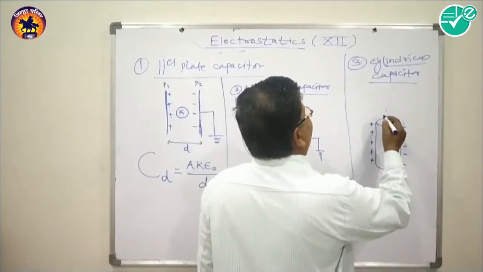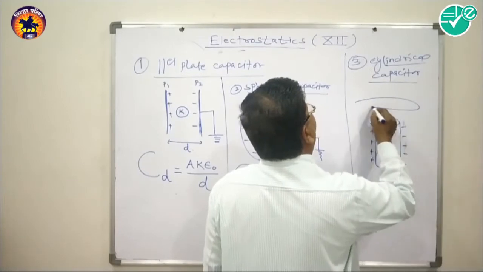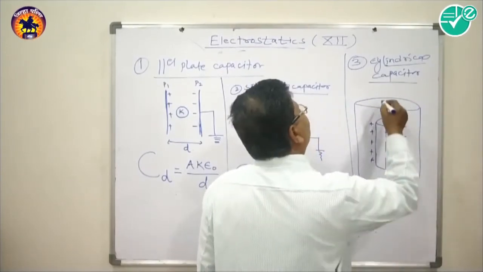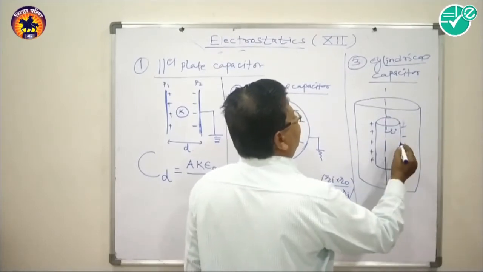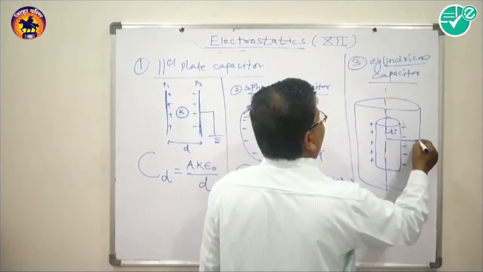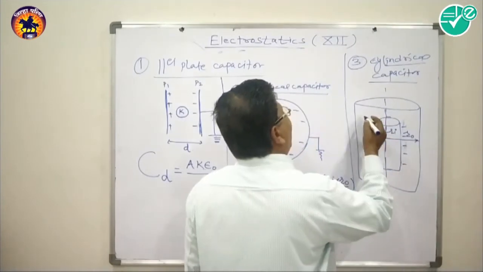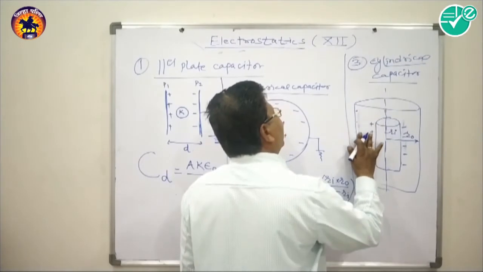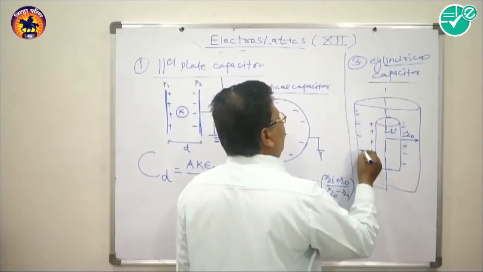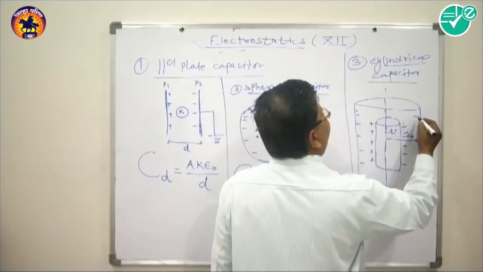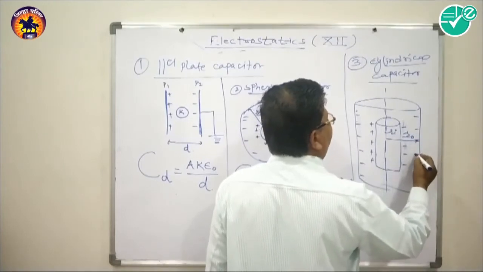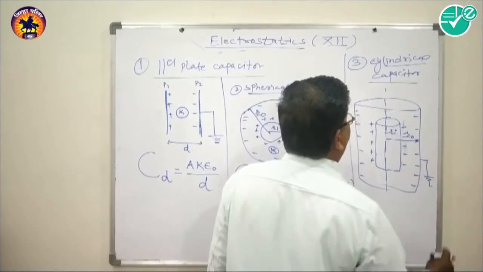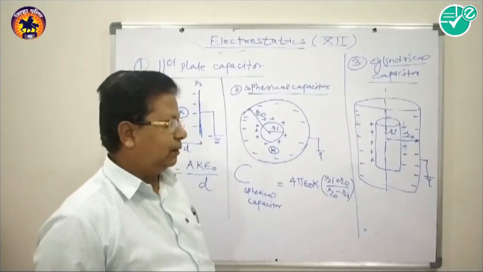This conductor is surrounded by another coaxial cylinder whose radius is Ro. Due to induction, negative charges are induced on this second cylinder, and it is connected to the earth.